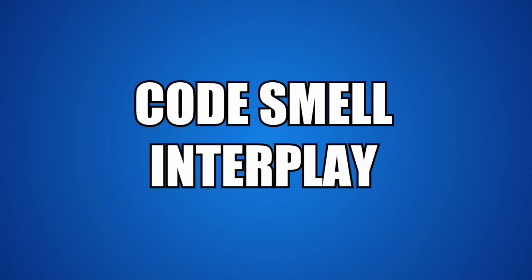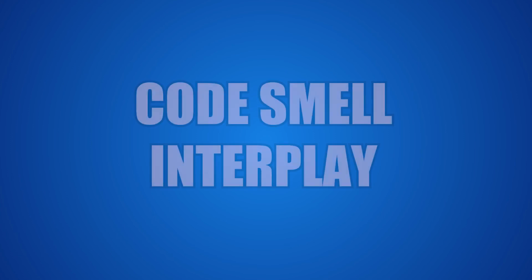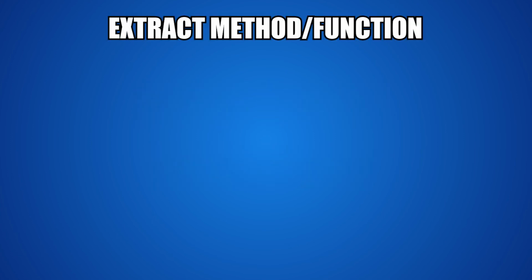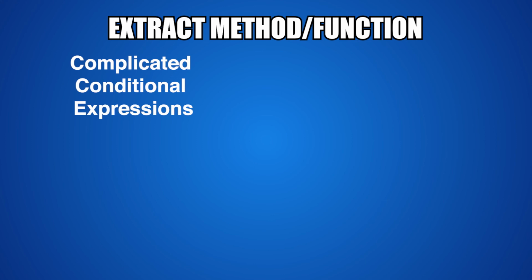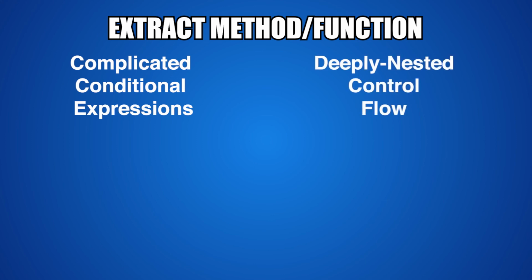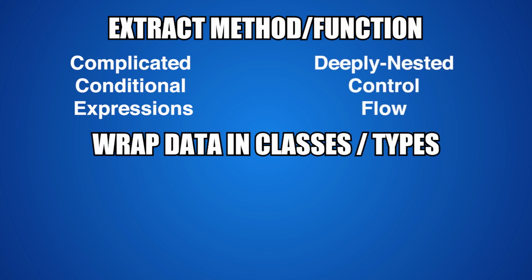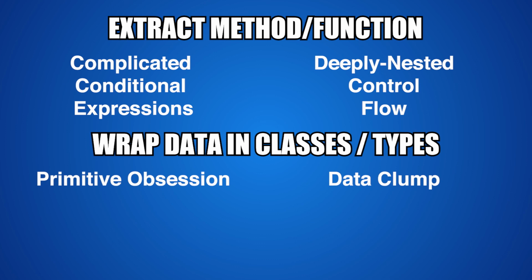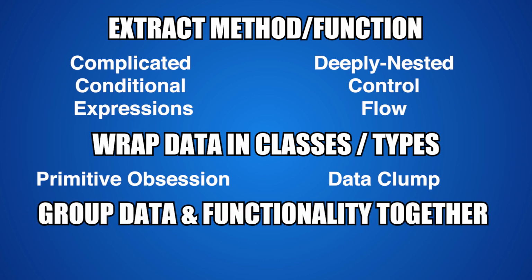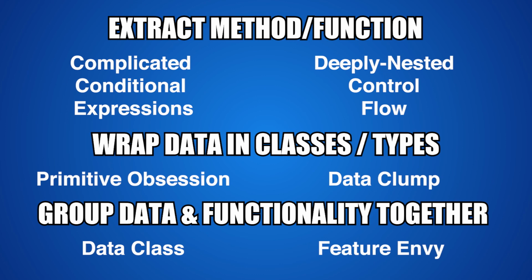With feature envy, we now see how in general, extracting functions as solutions for complicated conditional expressions and deeply nested control flow can work together with wrapping data in own classes or types as solutions for primitive obsession and data clumps, and finally grouping data and functionality closer together as solutions to data classes and feature envy code smells.